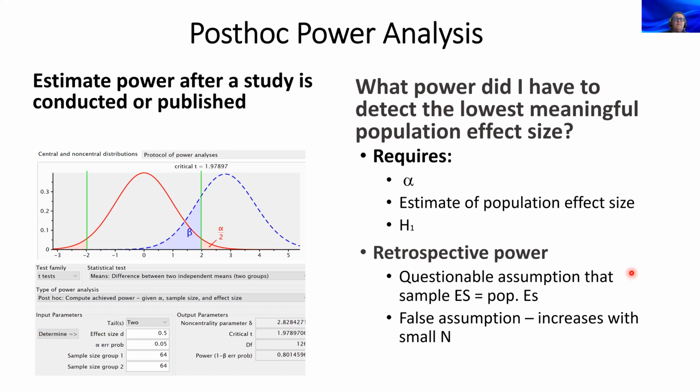And you could identify, well, retrospectively, with this particular effect size, it's likely we probably didn't get a significant effect. However, to do a replication study, I would increase sample size to a particular level, whatever was needed based on the lowest meaningful population effect size.